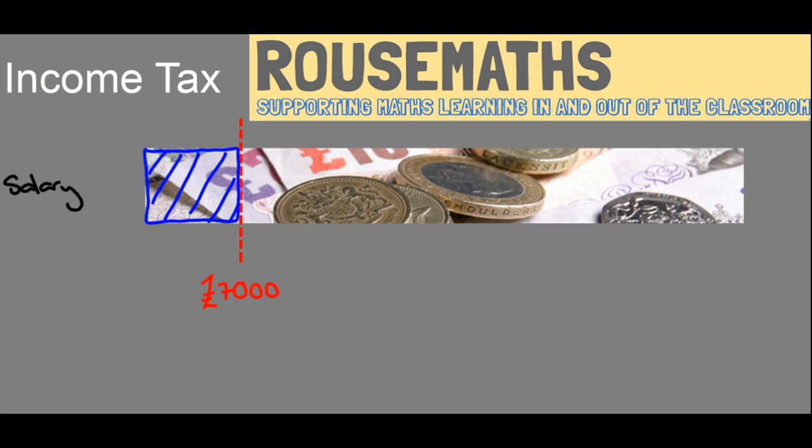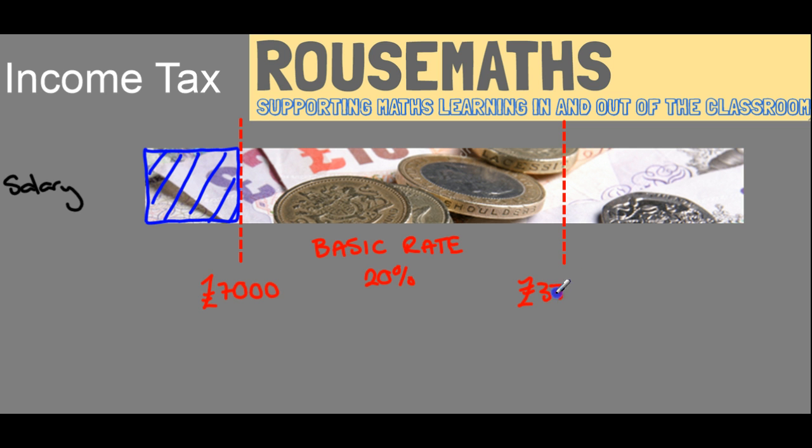Above that, there's something called a basic rate of tax. At the moment, it's 20%. Sometimes it changes. And that means that 20% of the next lot of earnings goes in tax. At the moment, that basic rate ends at 37,400.